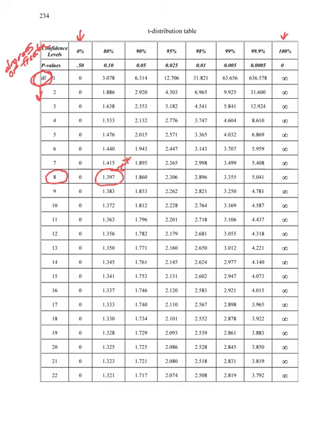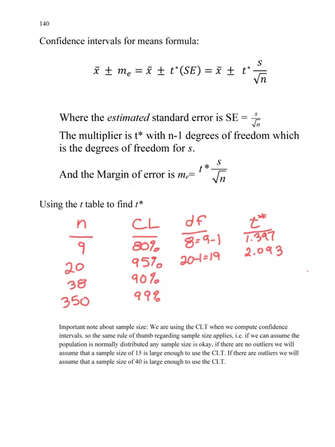Okay, in our second example, we had n was 20, which meant our degrees of freedom were 19, and we wanted a 95% confidence interval, which will give us a t-star of 2.093.